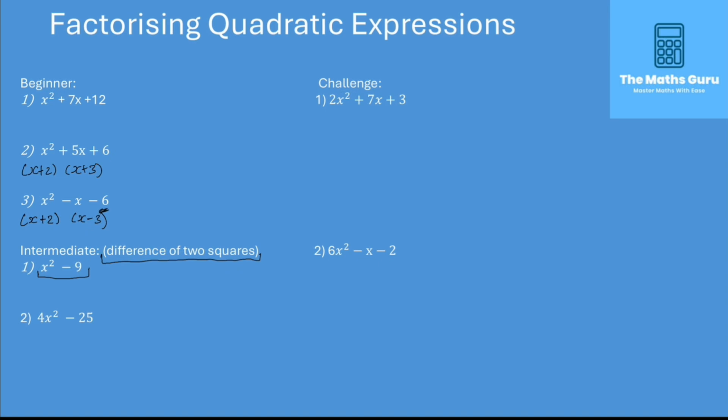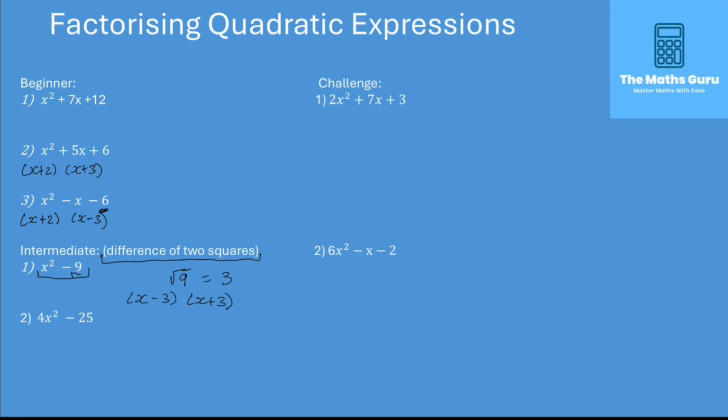So we first look at what is 9 square rooted, and we know that's 3. So then we can say that this is x minus 3 and x plus 3.